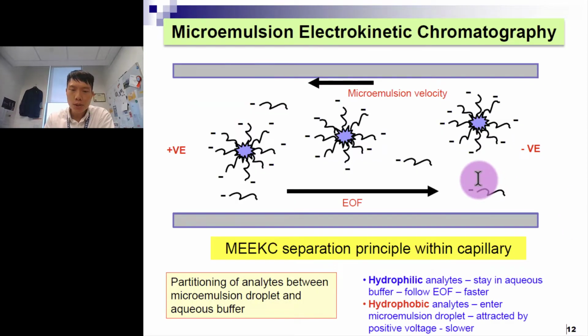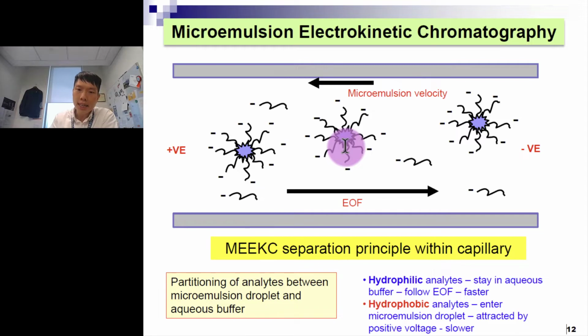How does it work with the CE here? It applies the same principle within the capillary. We know that since all of them are negatively charged, they will tend to be attracted to the anode. But when the size is smaller, it gets carried to the anode a bit more as it follows the EOF.